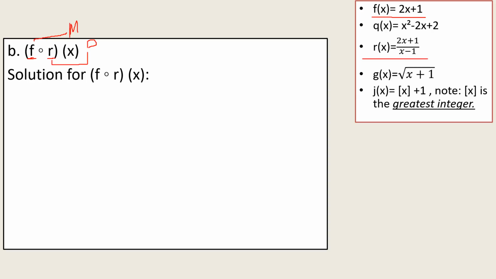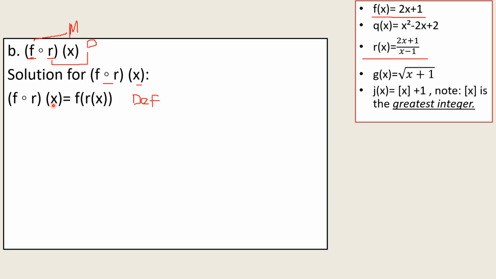The solution for composition of function f and r of x. First, definition. Lagi nating ilagay si definition para hindi ka na malilito. Siyempre, susundin natin yung format nito. Main function muna, secondary function, tapos f of x.